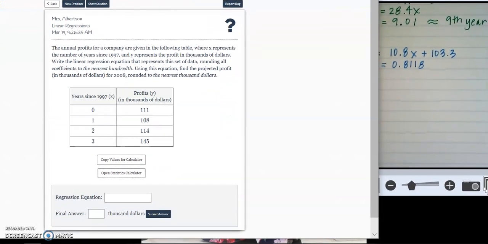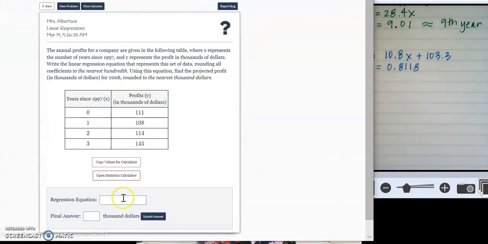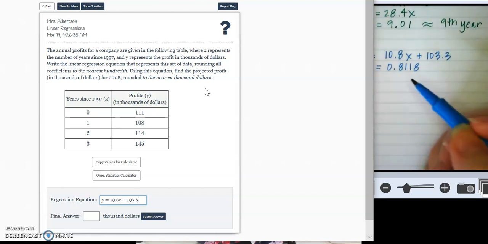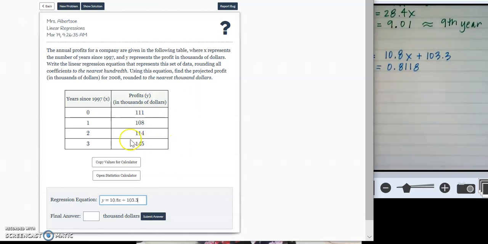Now we're going to type in the equation using your keyboard: 10.8x plus 103.3. All right, so now I need to answer the question. Find the projected profit for the year 2008. If we think about what we're doing, we're not entering 2008 for the value of X because we need to do years since 1997.